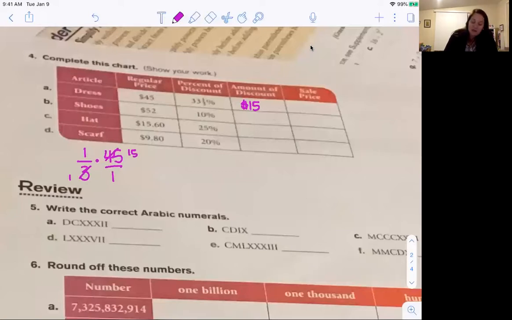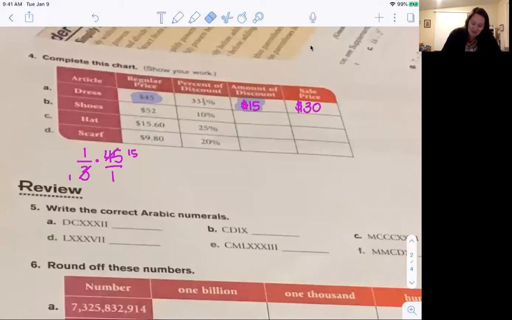So if the original cost is 45 and my amount of discount is 15, what would the sale price be? How do we find sale price? We got to dig deep in our brains because I know this was a long time ago. If you said subtract, you're right. $45 minus the $15 of the discount, and it is a $30 dress now.